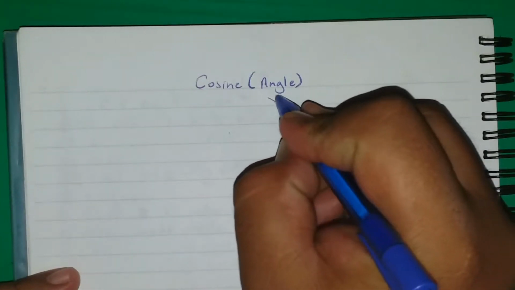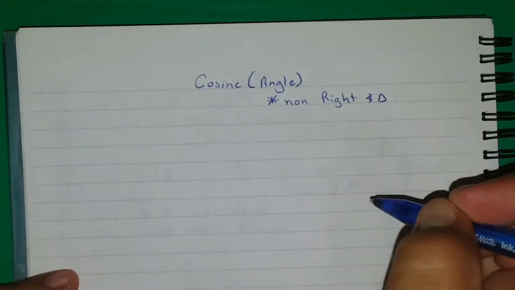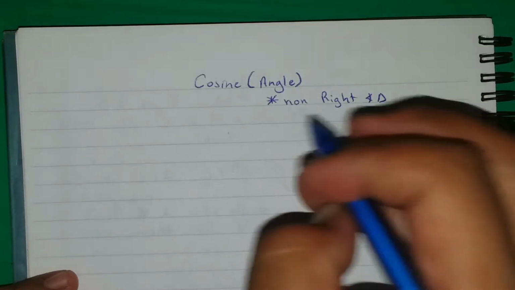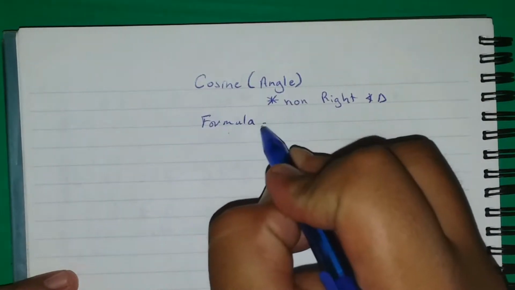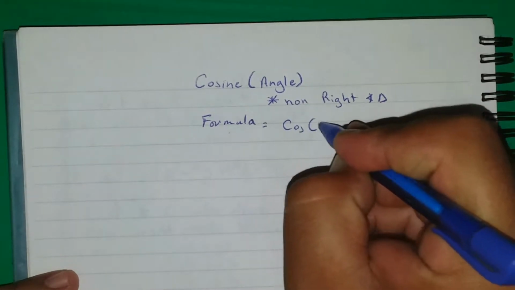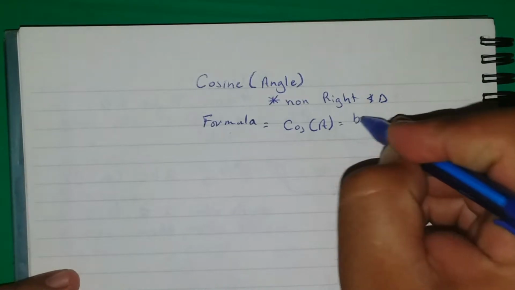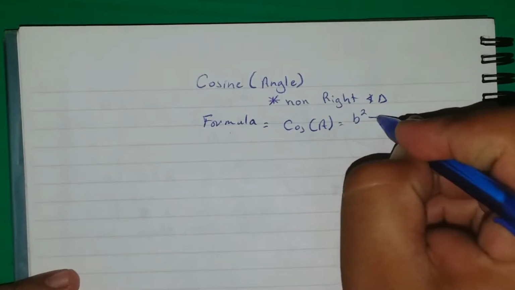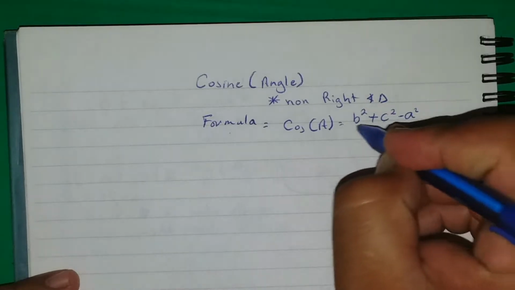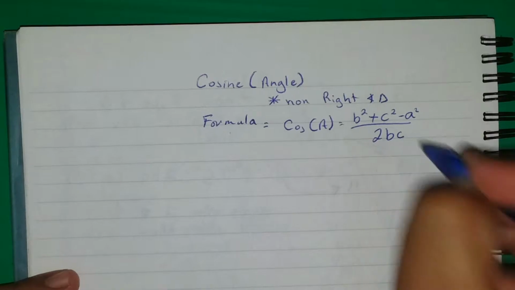So first thing to keep in mind is that the triangle is a non-right angle triangle, and the formula is going to be cosine of angle A equals B squared plus C squared minus A squared over 2BC.